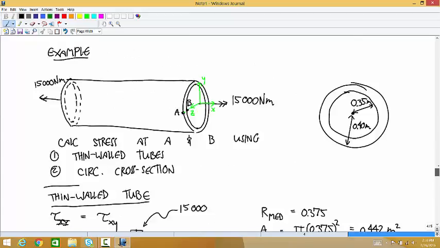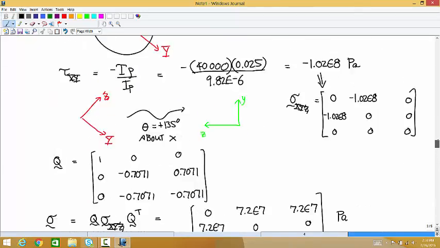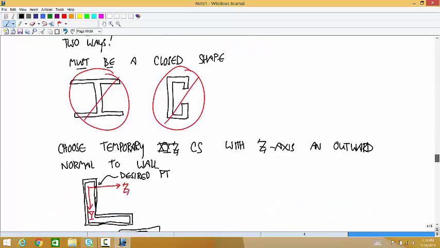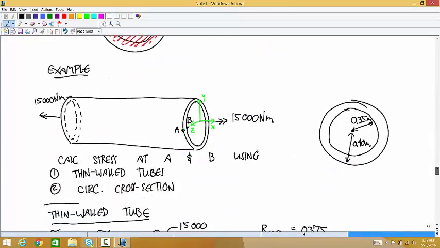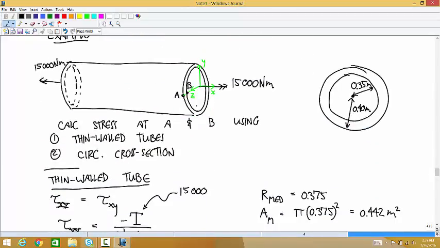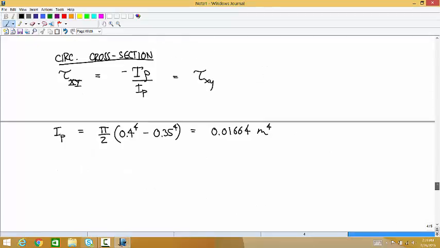So at the point, where did I draw this point? At the point A, that's on the outer surface.